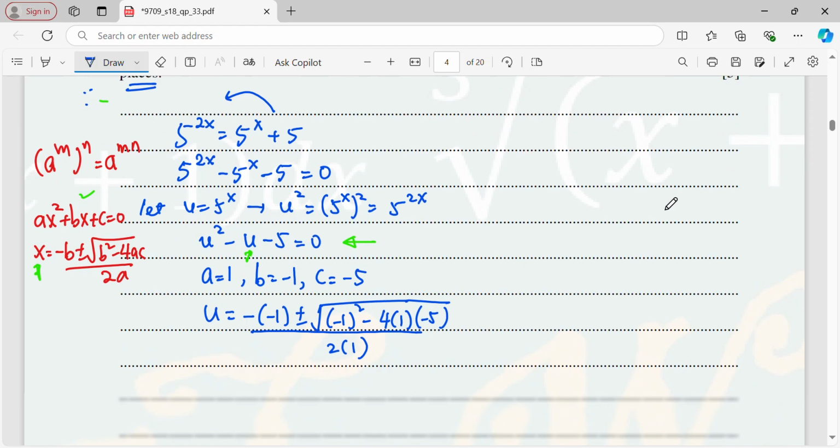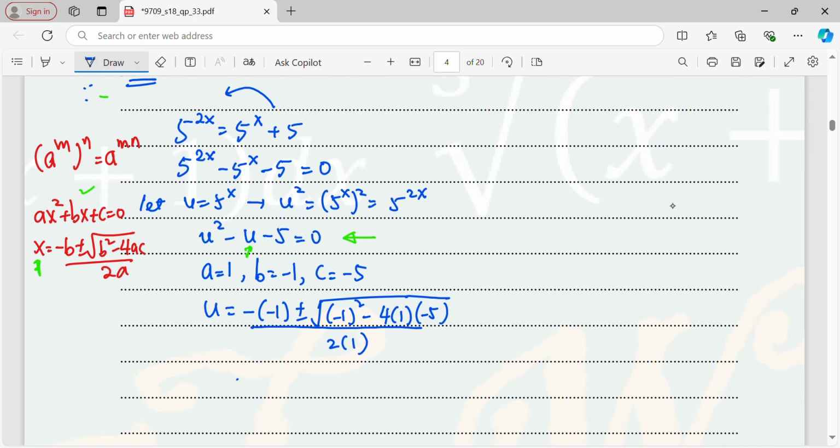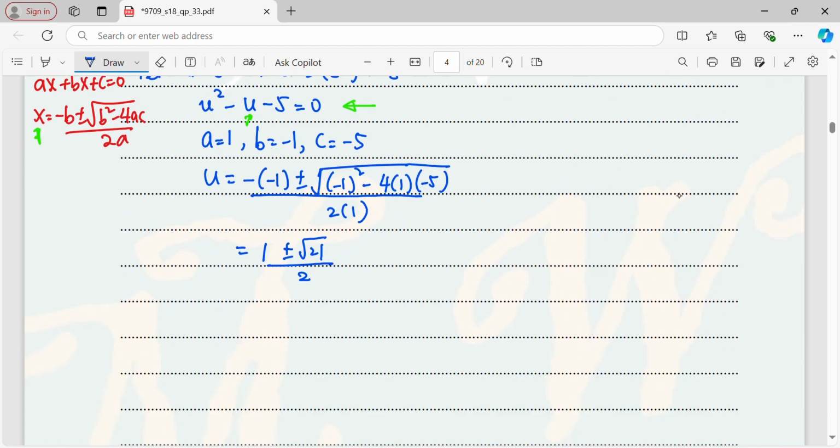Okay, your a is 1. Then from here, when you simplify, you will be getting 1 plus minus square root of 21 over 2. Then that will be negative 1.79129.